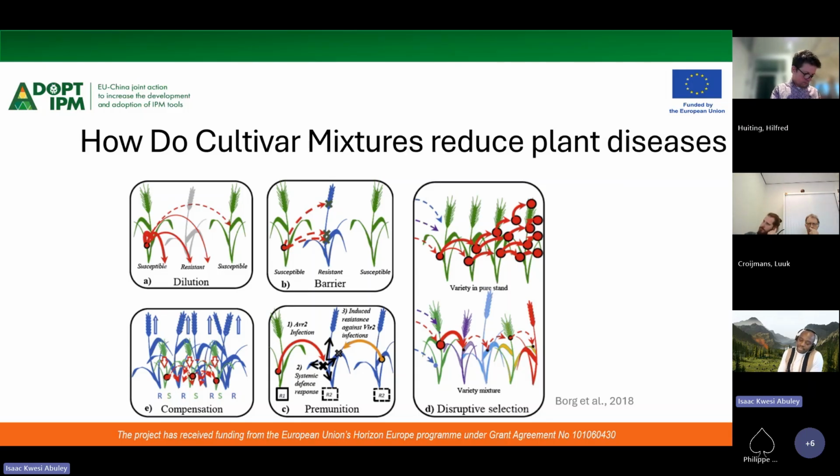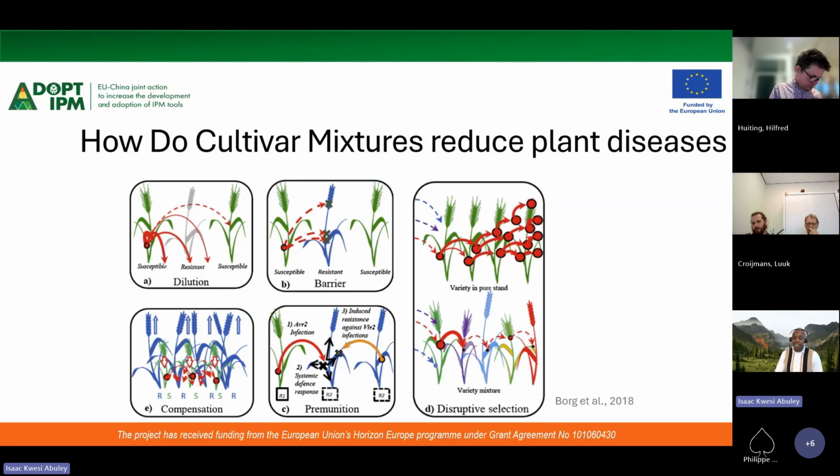And in connection to this mechanism, we have another mechanism called the permutation. Basically, a pathogen may be virulent to one of the components in the mixture, but not the other. Anytime it attempts to infect the one which is resistant to this pathogen, it is possible it can induce resistance in it.